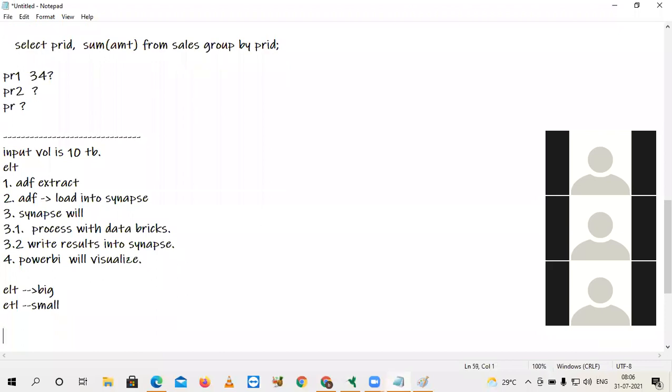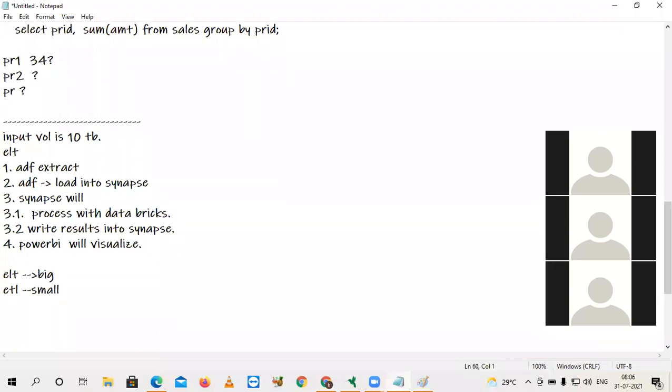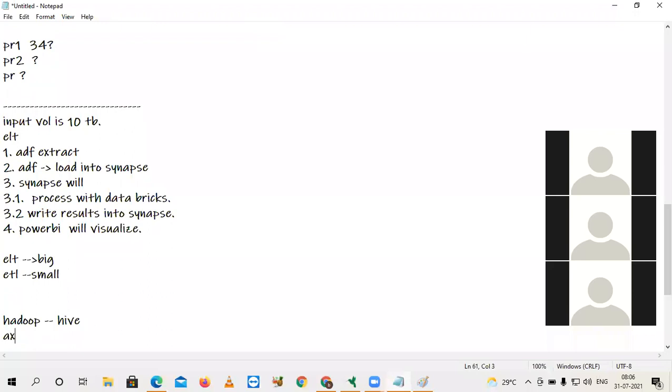Synapse, you can compare it with Hive in Hadoop. Same thing in Azure, in the place of warehouse, you have Synapse. If my data is structured, I will keep it in this one. But in organizations, only 20 to 25% of data is structured.